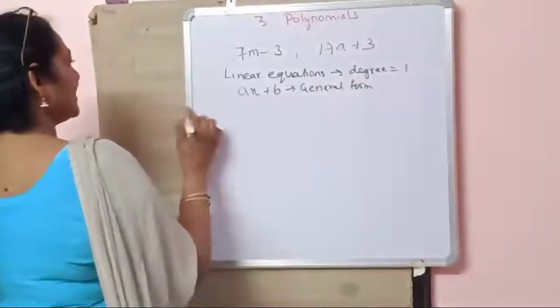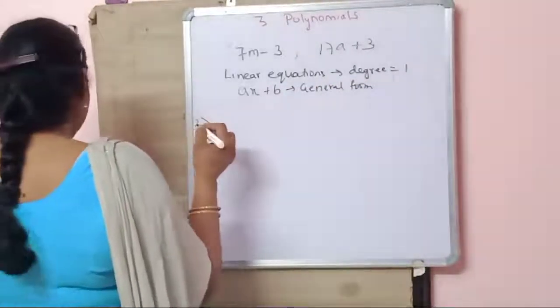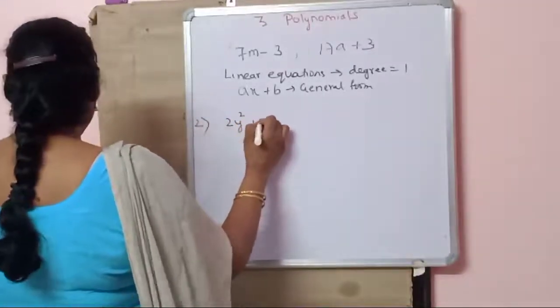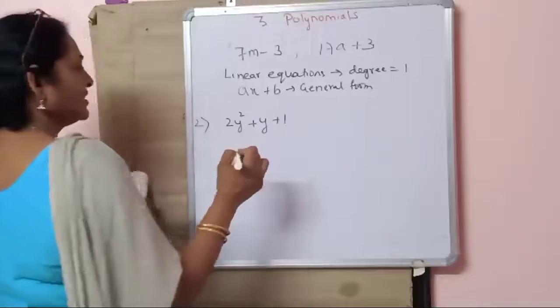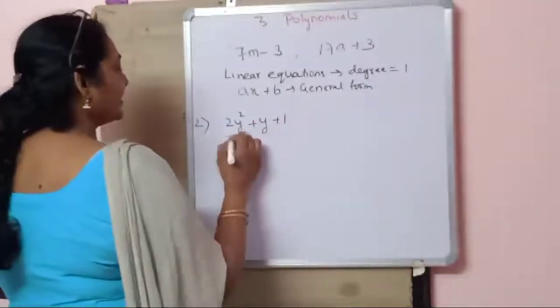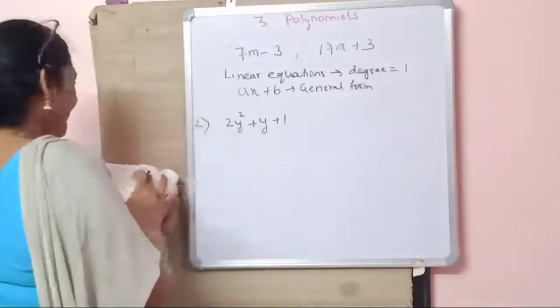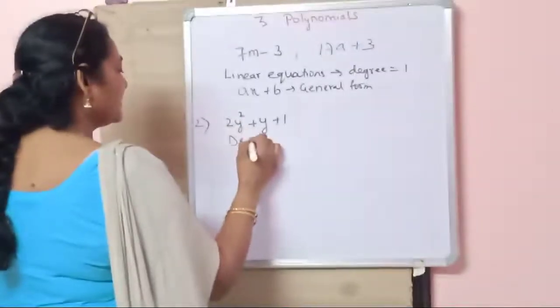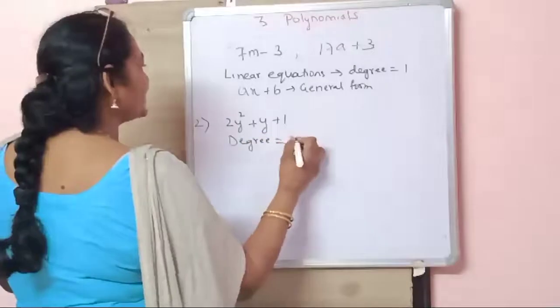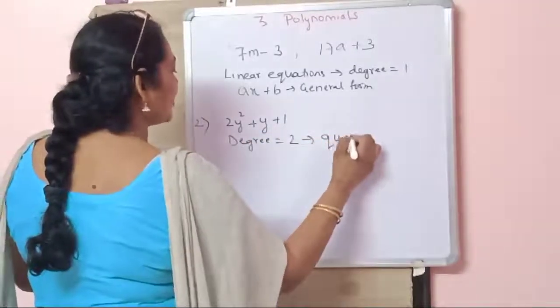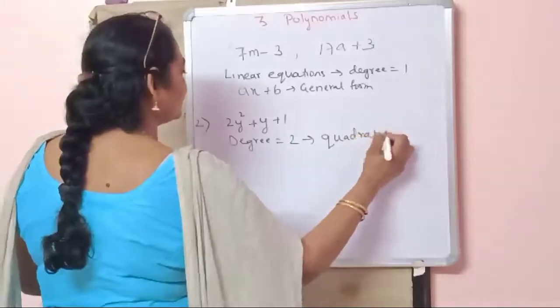Now the second one, suppose it is 2y square plus y plus 1. Okay. Now here there are three terms, but the degree is equal to 2. The degree of this polynomial is 2. Therefore, these are called quadratic equations.